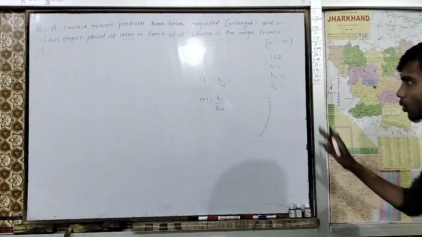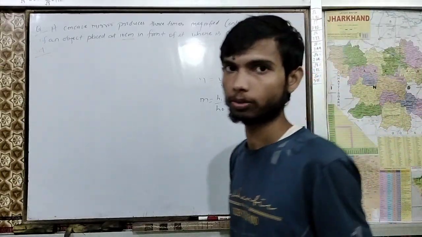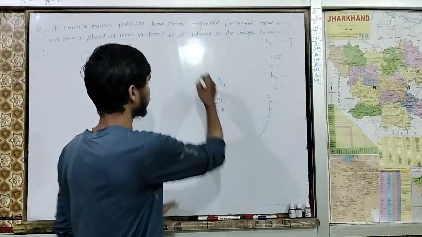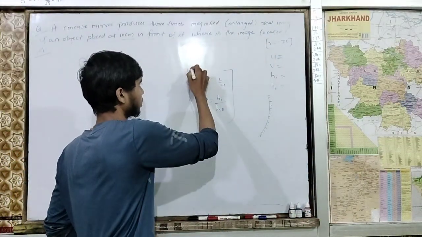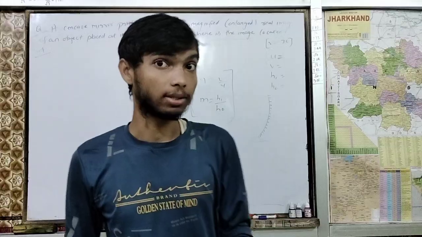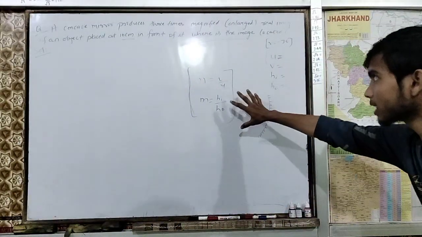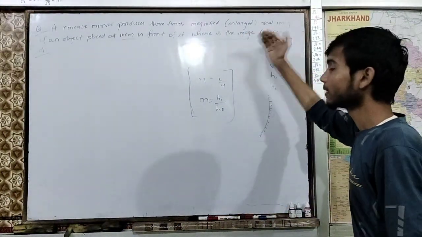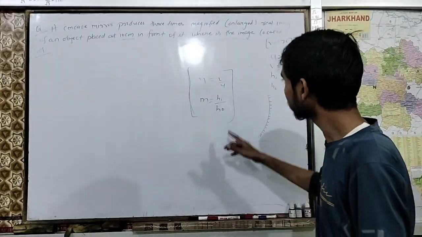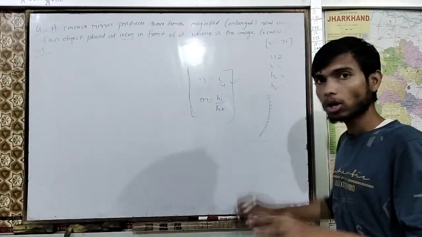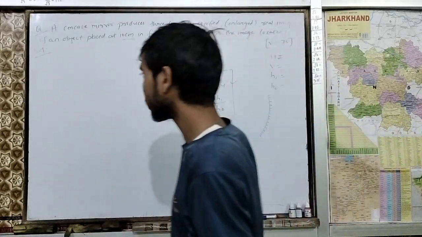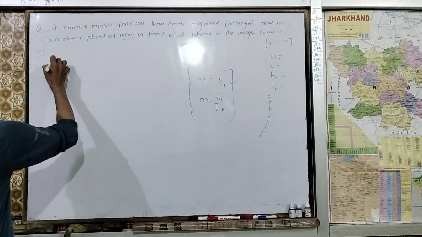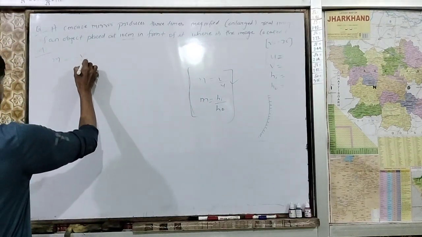Now which one should we use from these formulas? The question arises: which one should we select to find the image distance? Of course, the one according to distance. So m is nothing but minus v upon u.